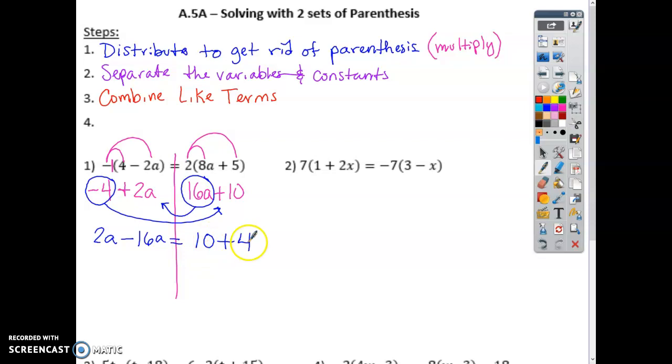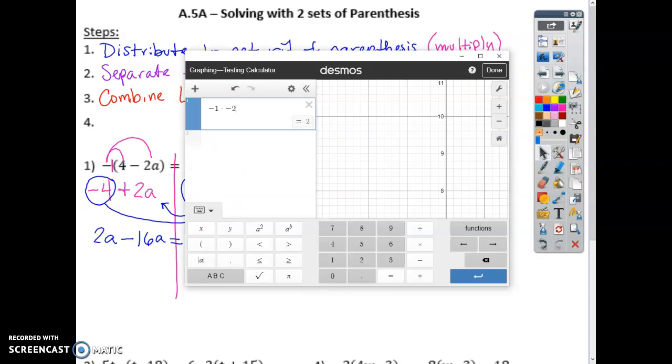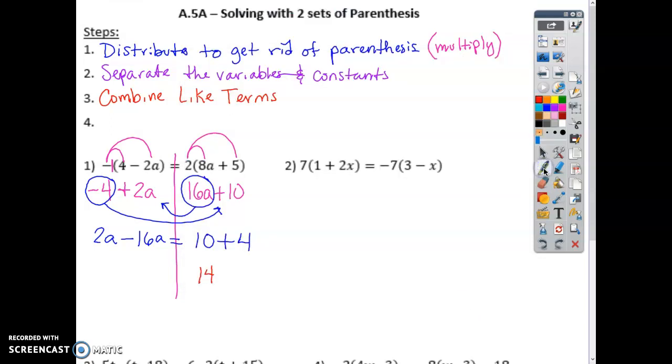What's 10 plus 4? 14. And what's 2 minus 16? You can use decimals, 2 minus 16. It's a negative 14. Okay? And it has a variable, so it's negative 14a.